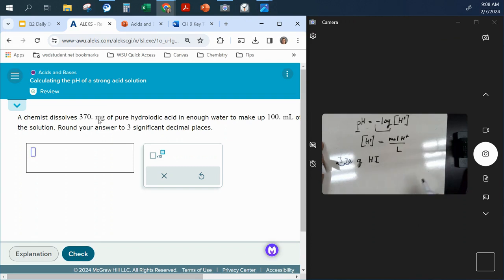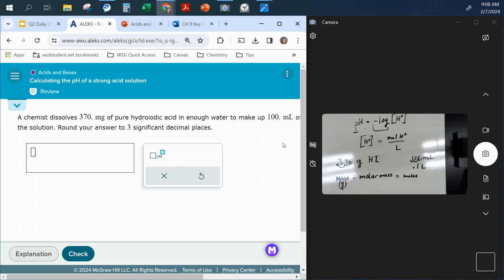And my volume, they give us 100 milliliters, which needs to be in liters, 0.1 liters. Okay, this is grams, not moles. So the first thing we're going to do is, if we have the mass, we're going to divide by the molar mass, and that will give us moles. Mass has to be in grams.